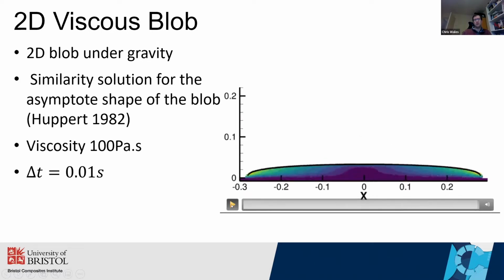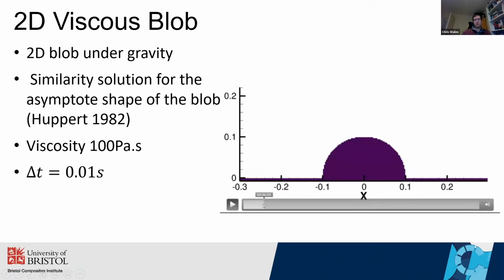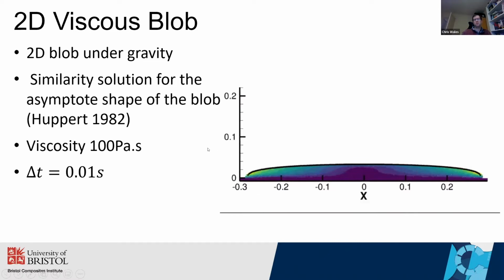And then we can see, it's very quick, but as it spreads out, we do match the analytical solution for the shape of the blob as time goes on very well.